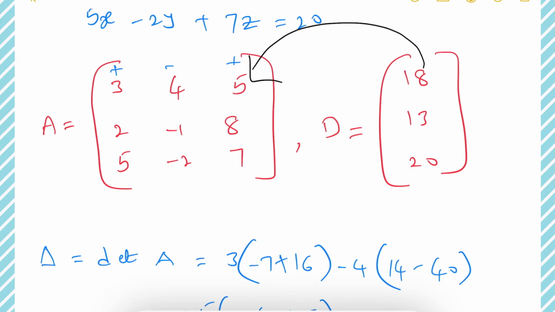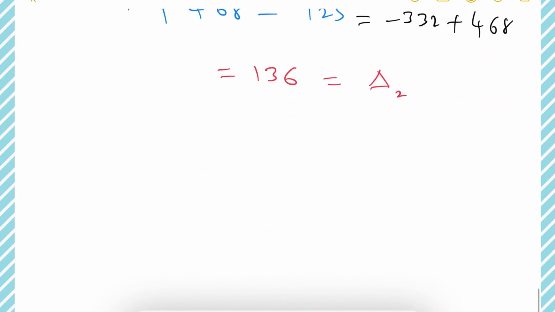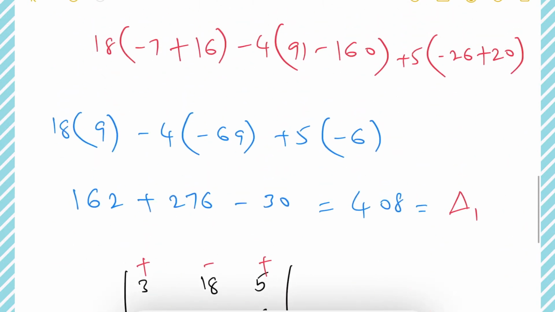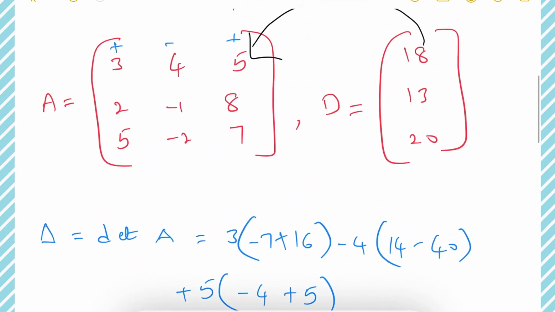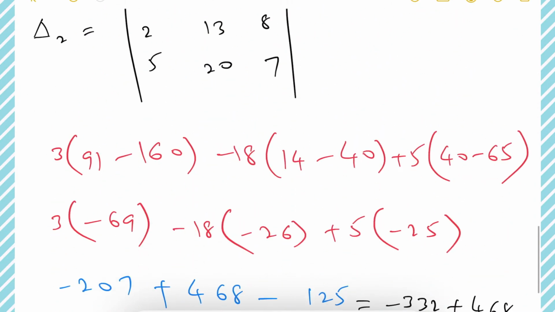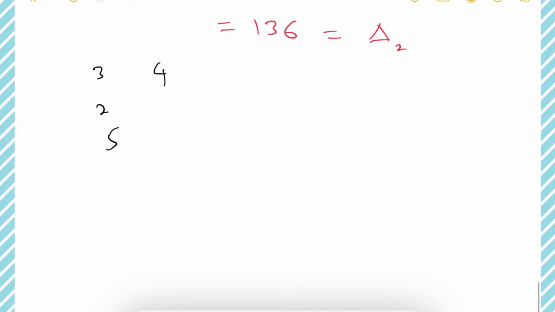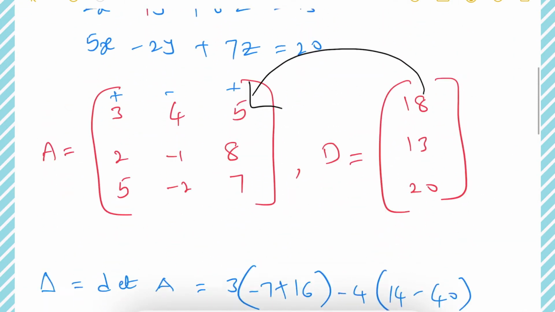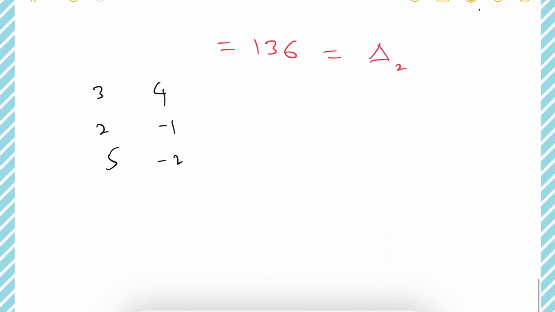So first column as usual 3 2 5, then second column 4 minus 1 minus 2, and last column we are replacing with D, that is 18 13 20. Now again for this matrix we need to find the determinant. That determinant I am going to take as delta 3.